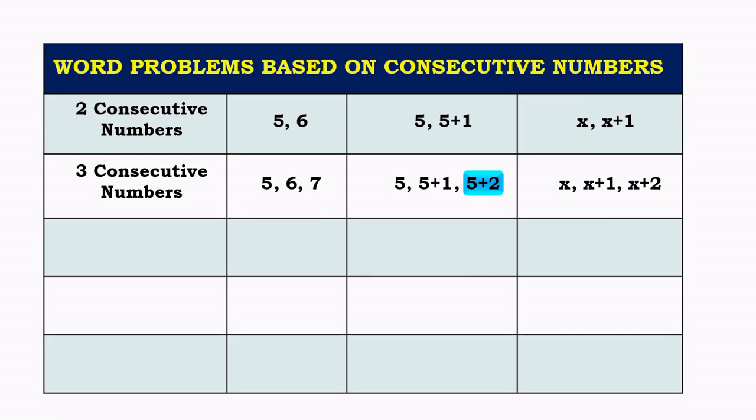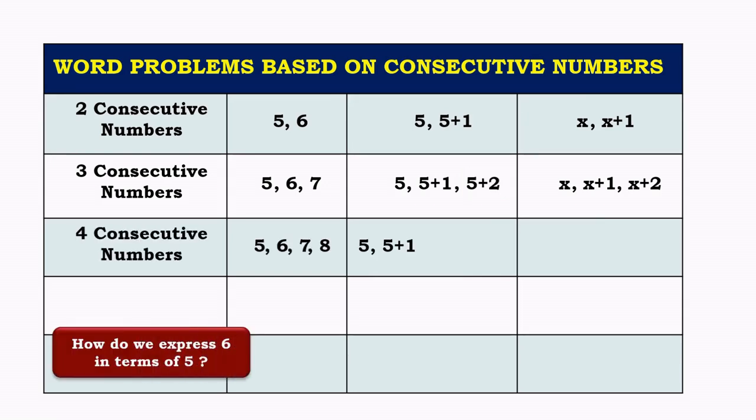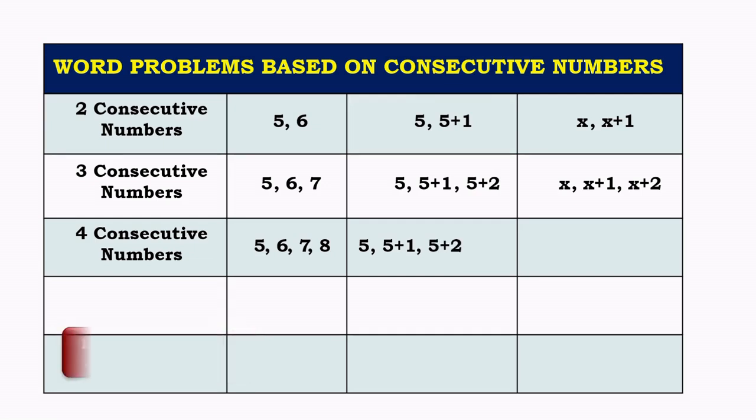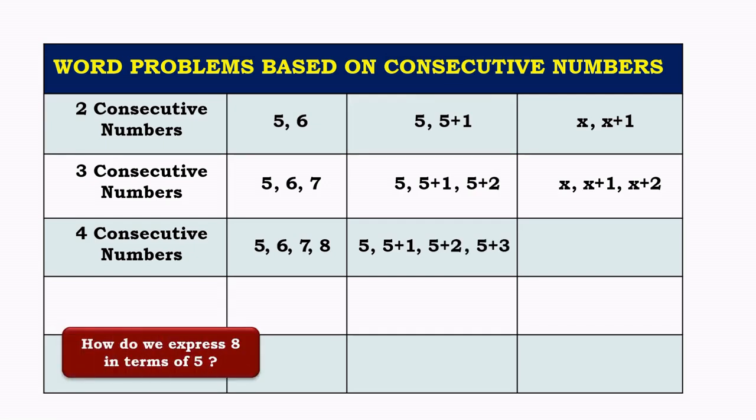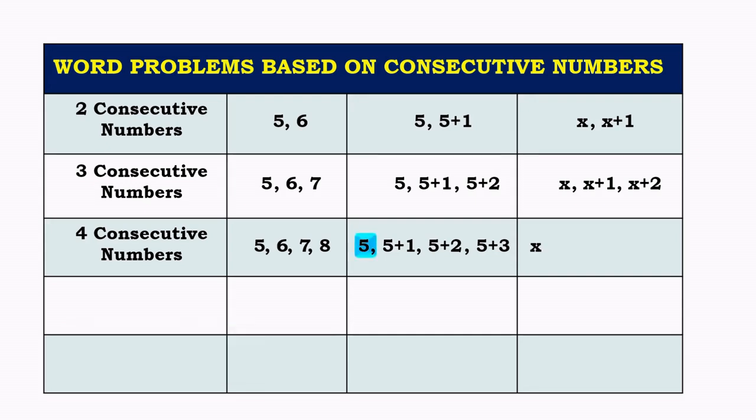Similarly, four consecutive numbers such as 5, 6, 7, and 8 can be written as 5, 5 plus 1, 5 plus 2, and 5 plus 3. Therefore, four consecutive numbers are represented as x, x plus 1, x plus 2, and x plus 3.